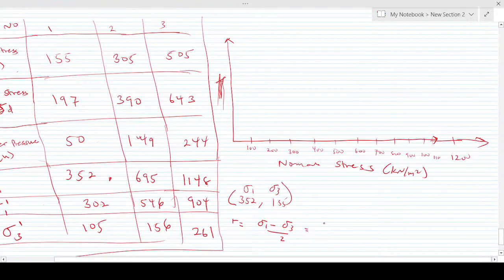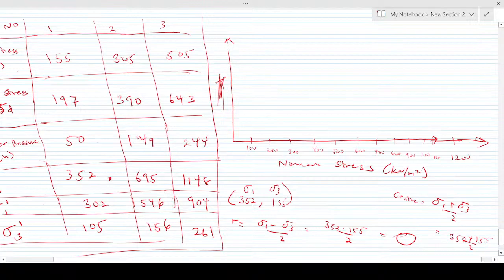So with the first one, I'm going to get 352 minus 155 over 2. Then you get a certain value. That's going to be your radius. Then you have to find the center as well. The center is simply sigma 1 plus sigma 3 over 2. So we have 352 plus 155 over 2.